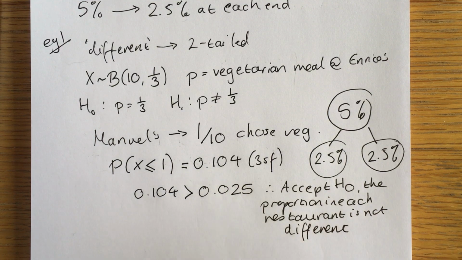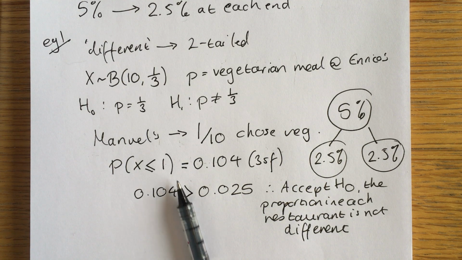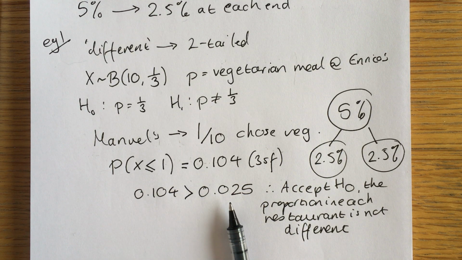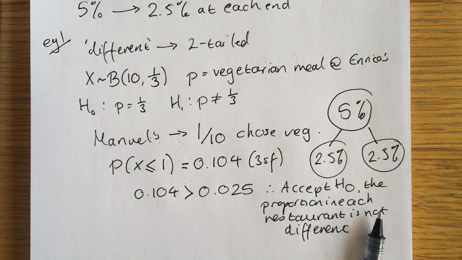Because with 1/3 of people generally choosing a vegetarian meal, in a sample size of 10, actually it's fairly likely that only 1 person might choose it, given that we think a third of people normally do. So that probability is larger than the 2.5% that we are looking at, so therefore we accept the null. The proportion in each restaurant is not different.